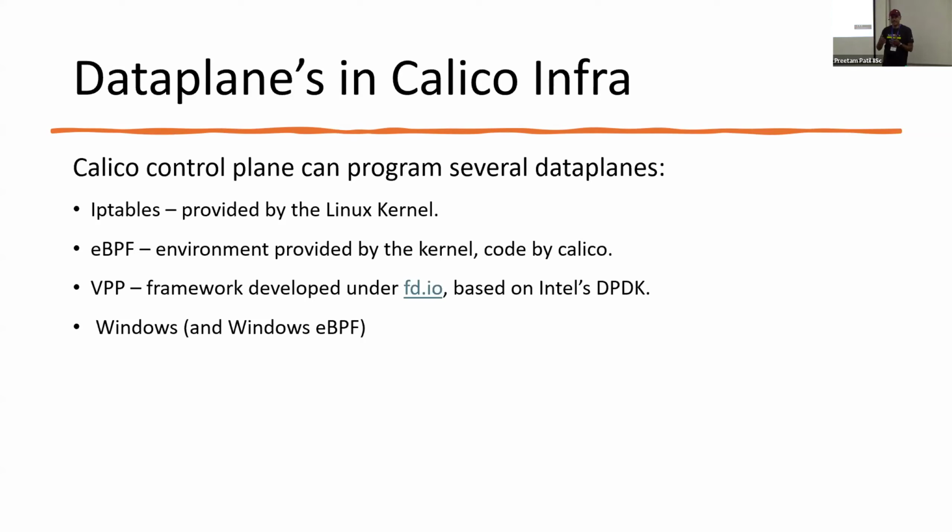If you have Windows nodes in your Kubernetes, Calico applies all those policies, everything that you typically get in Linux can also be applied on Windows. Windows eBPF is trying to be more compatible with Linux eBPF, so you should be able to get the same benefit that you're getting on Linux with Linux eBPF on Windows as well, right?